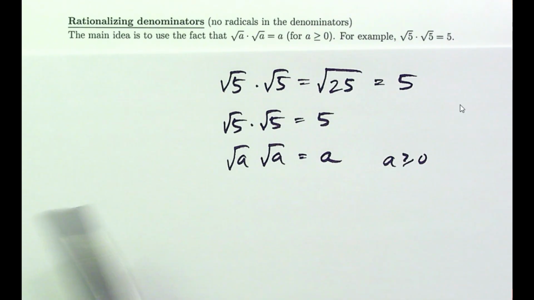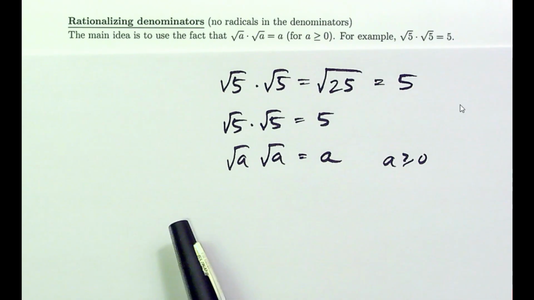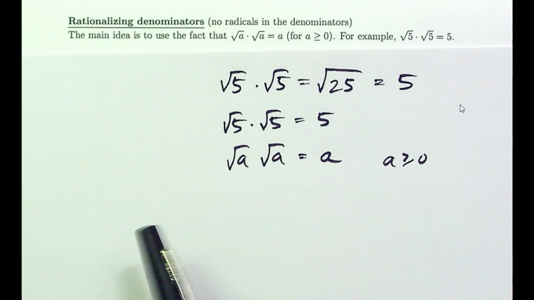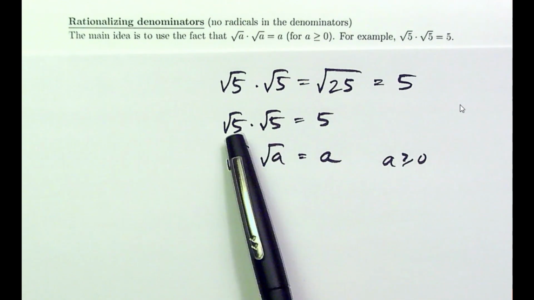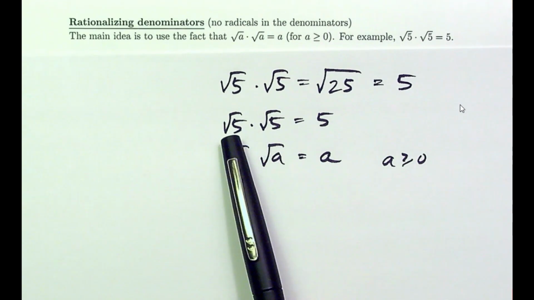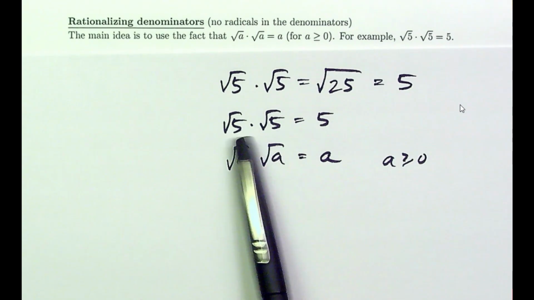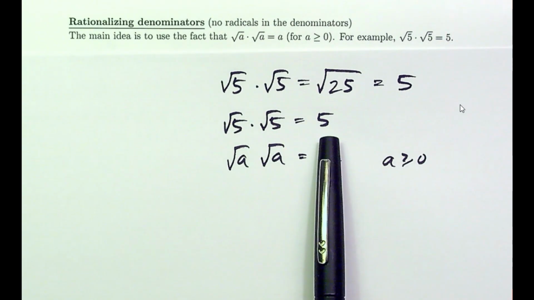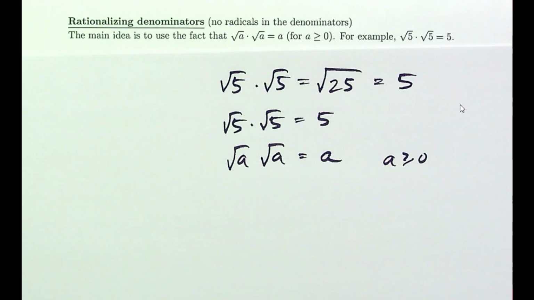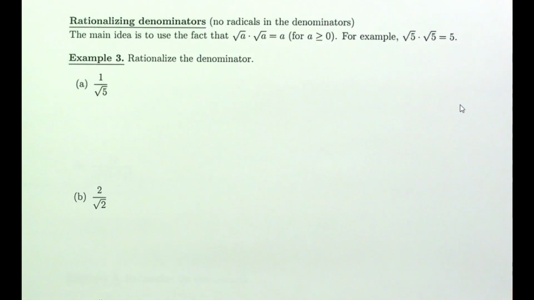So if I have radicals in the denominator of a fraction, then I can get rid of the radical by using this fact. If you take the radical and you multiply by itself, such as square root of 5 times square root of 5, the radical disappears and gives you 5. So let's apply that for this. Suppose I want to rationalize the denominator.